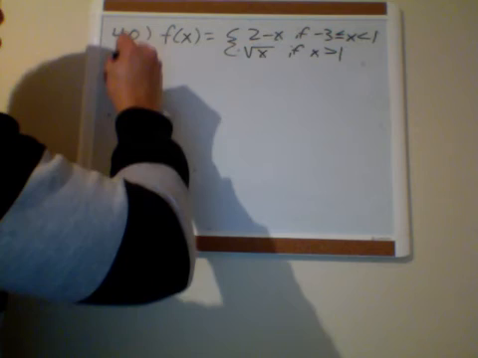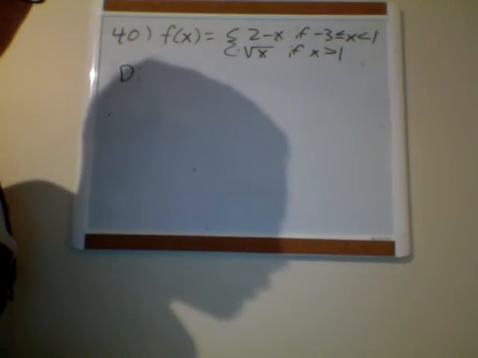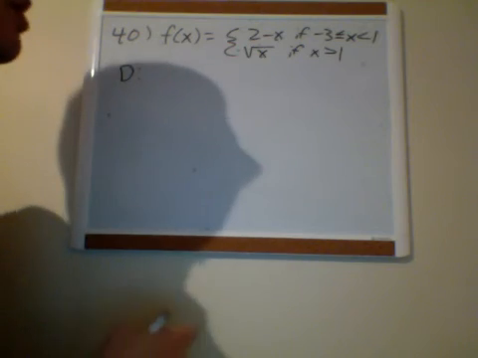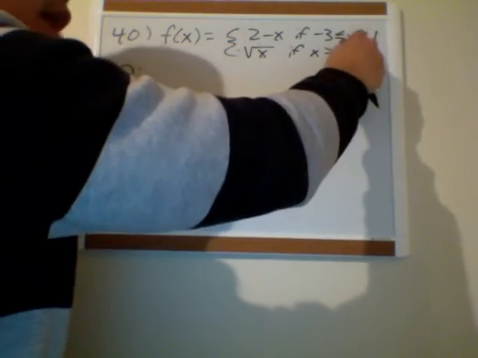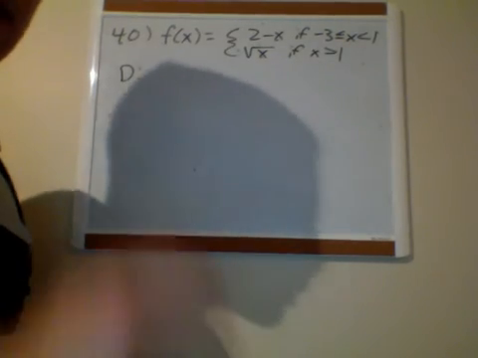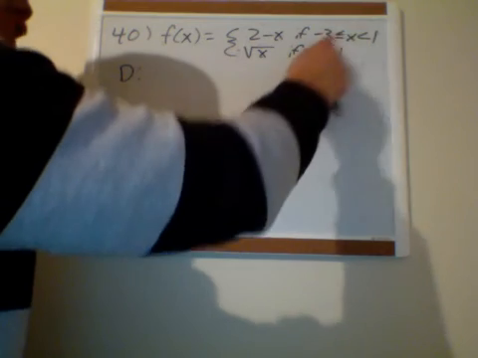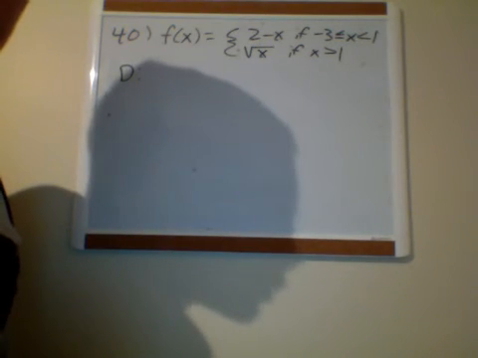So my domain, I have a minimum x value. That's negative 3. Okay. Now I'm going to keep going, and then I hit 1. And now look here. This is the one that's a little bit different than all the other homework problems. Because at x is equal to 1, there is no value for the function.